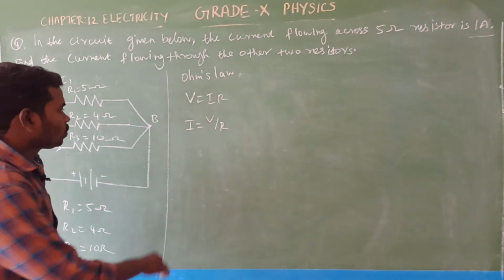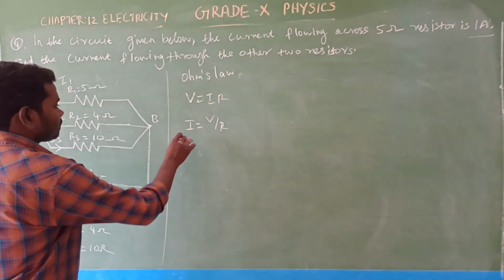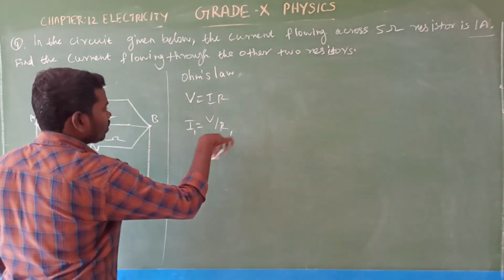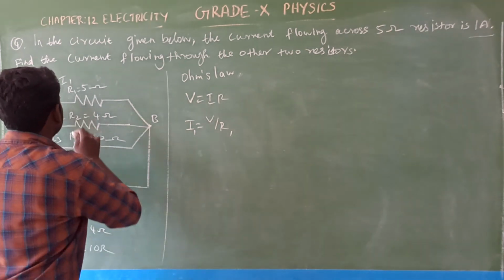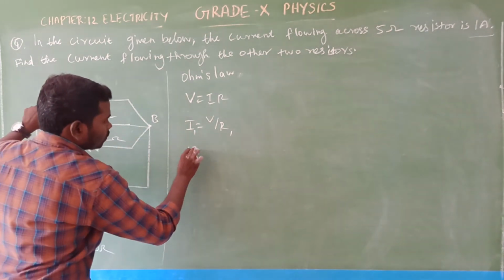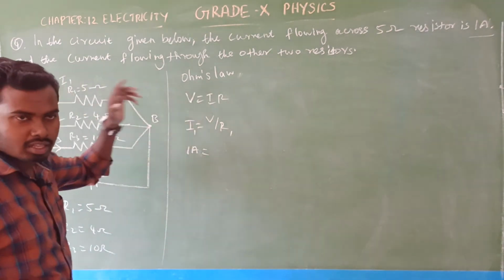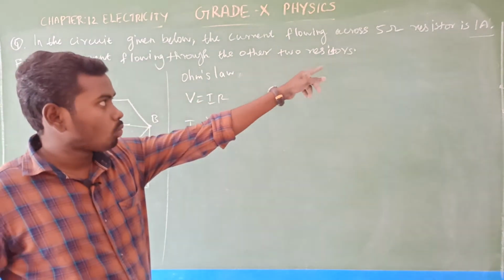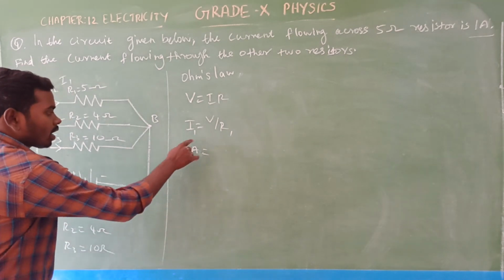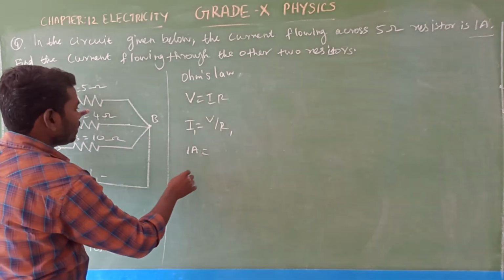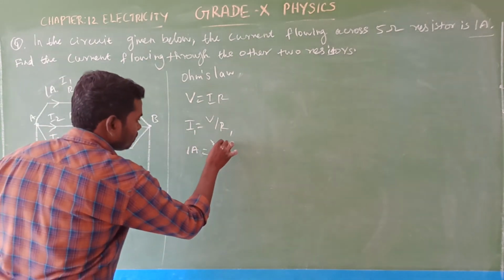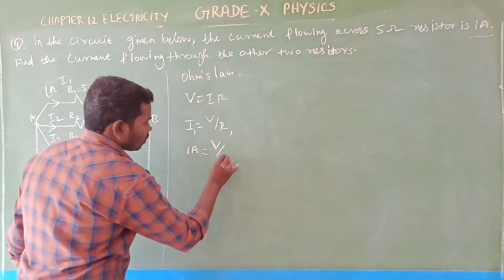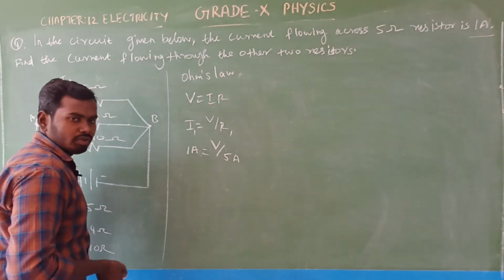So I1 value how much, sir? And R1 value how much? I1 is equal to 1 ampere. We already know from the question that across the 5 ohm resistor, 1 ampere of current is flowing. Then we need to calculate V. So I equals V divided by R1, and R1 is 5 ohm.